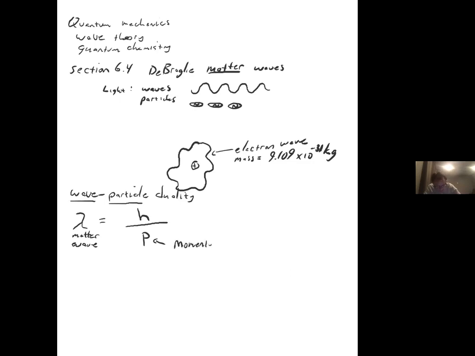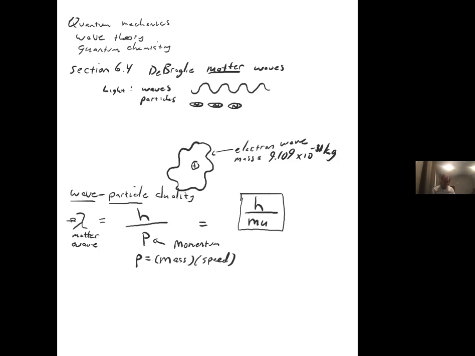We haven't talked about momentum, but momentum p is the mass of a particle or an object times the speed. Technically, it's velocity, but I'll use the word speed. So I'm going to rewrite this equation as λ = h/mu. Okay, so the wavelength can be calculated by using h over mu.